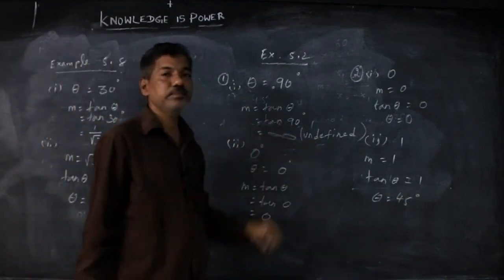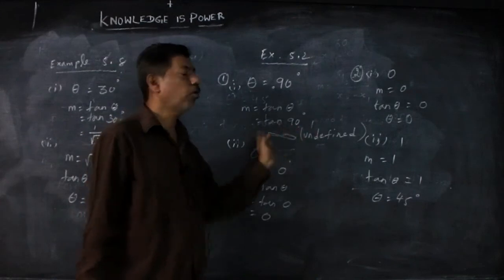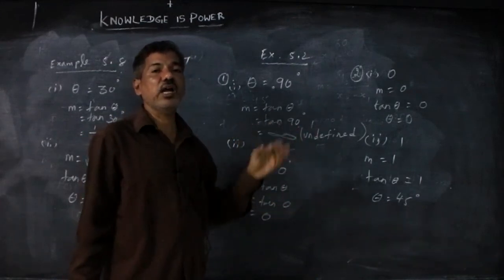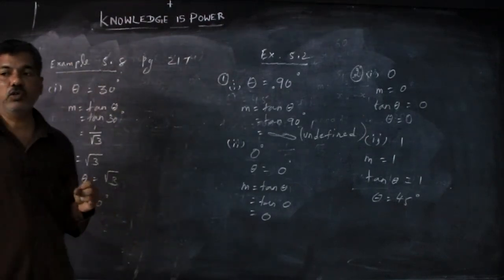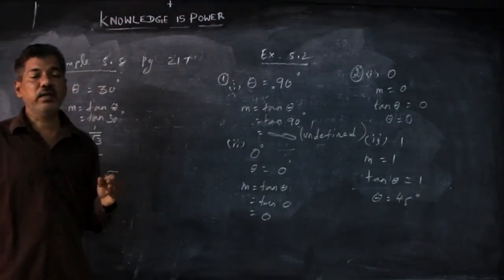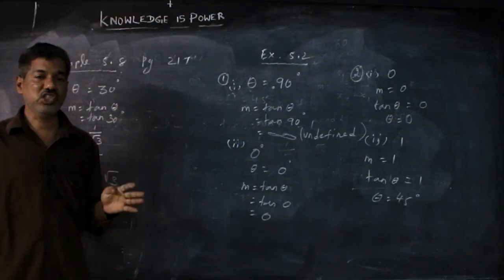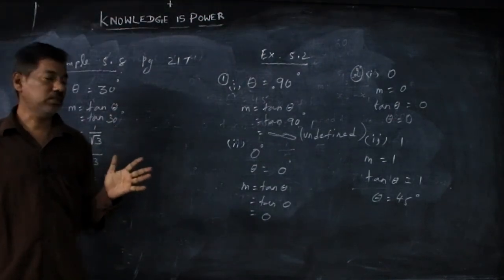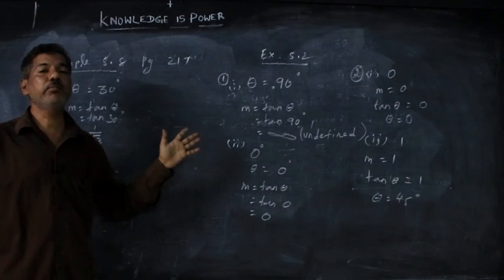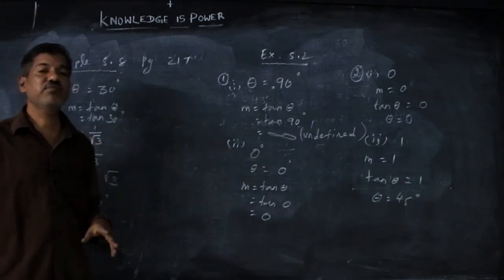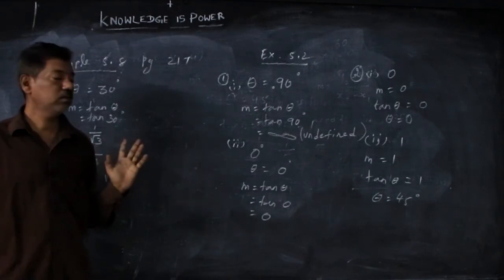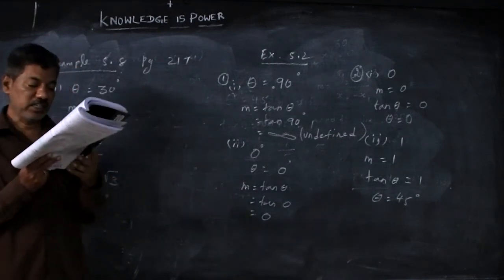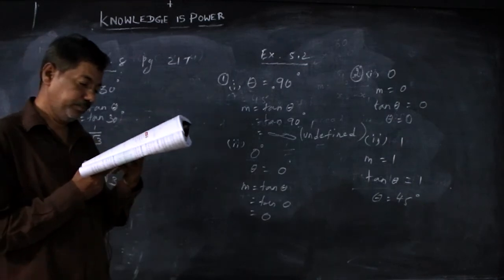Then this both sum will be easy if you are thorough in these values. This will mostly come in 1 mark or 2 mark, so we can easily answer the question.